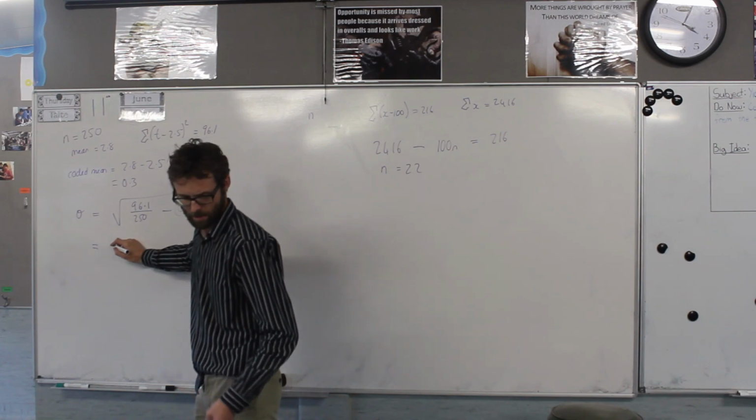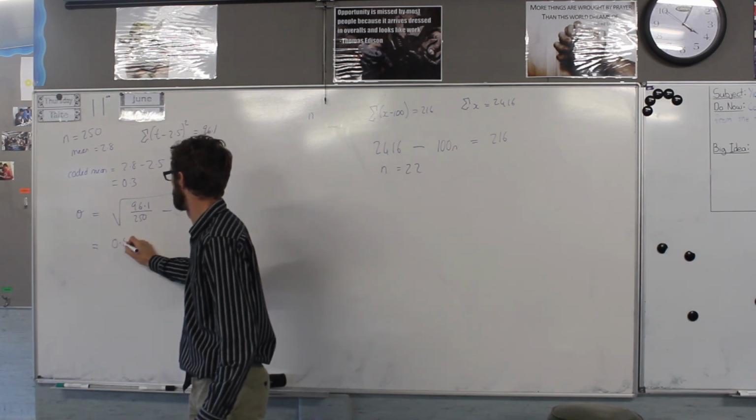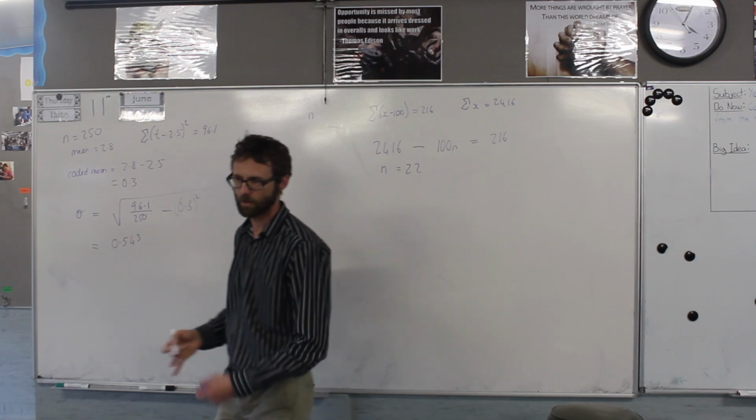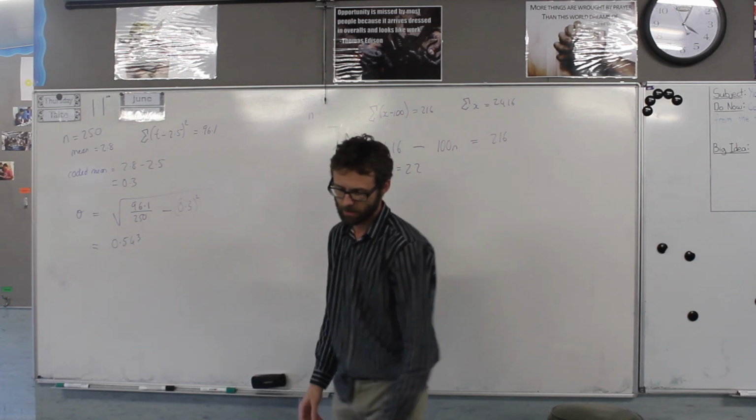What are you getting, Hassel? 0.5. Yep, and three significant figures, 0.5 and 3. That is that.